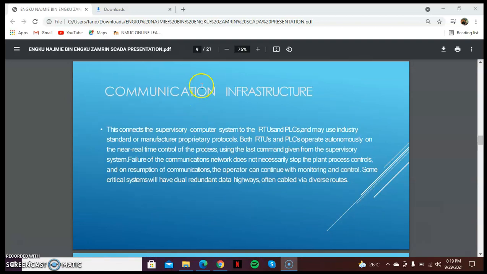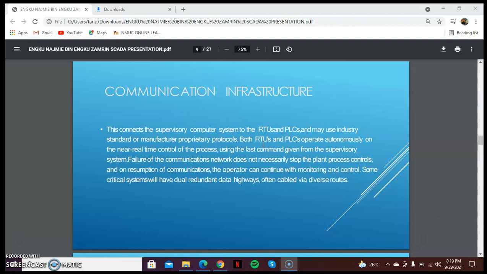Next is the communication infrastructure. This connects the supervisory system to the RTU and PLC, and may use industry standard or manufacturer proprietary protocol.